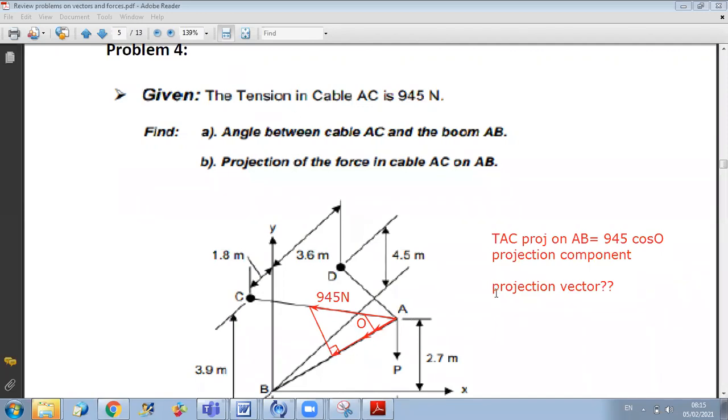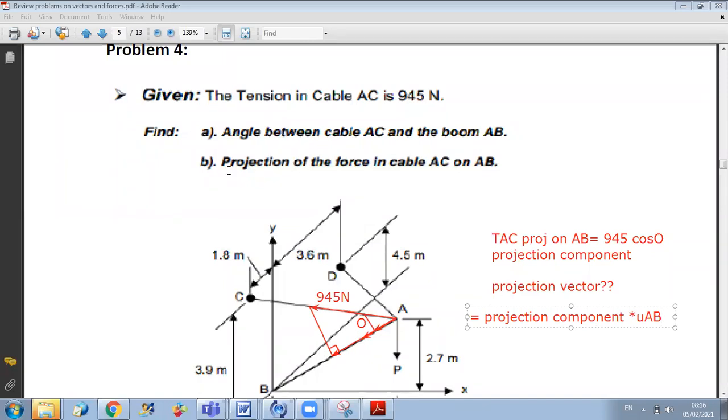So here, the projection vector is equal to the projection component times the unit vector of AB. I already calculated the unit vector of AB, and I calculated the projection component. Then I can find the projection vector.